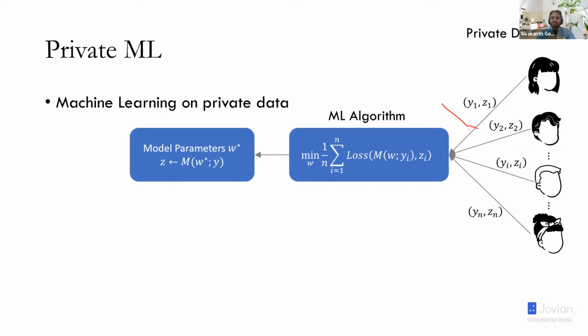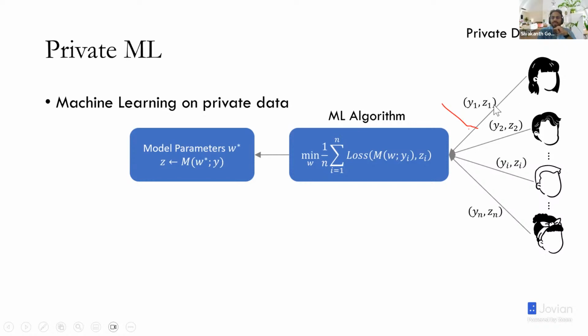So let's talk about private ML. Each user is giving some example. Let's take the example of ads. You show each person an ad and they click it or they don't click it. You can think of that as Z, and Y is the ad you show them.